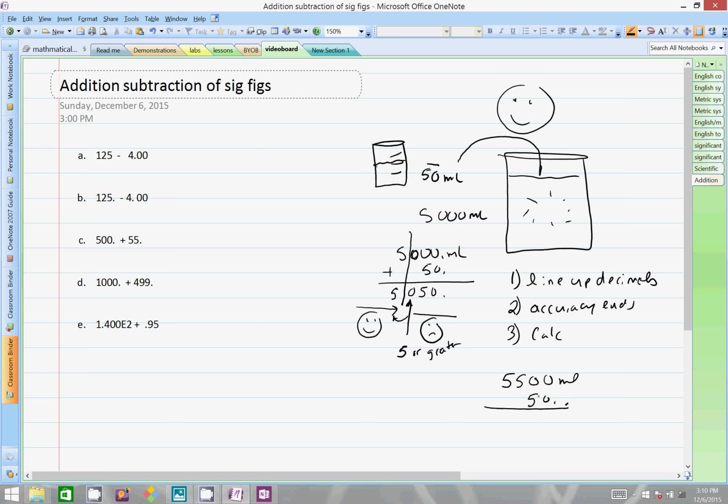Let's keep that 5,000 and add it to 500 milliliters. When I add this together, I get 5,500. Again, my accuracy still cuts off right here, but that 5 is able to round it up to 6,000 milliliters.